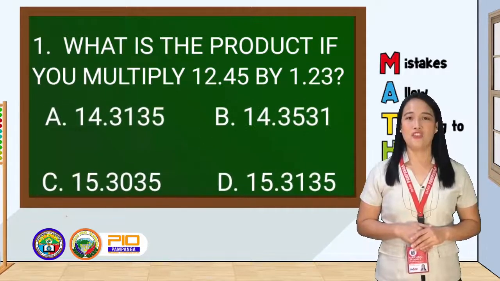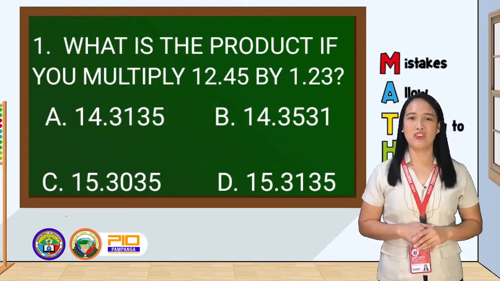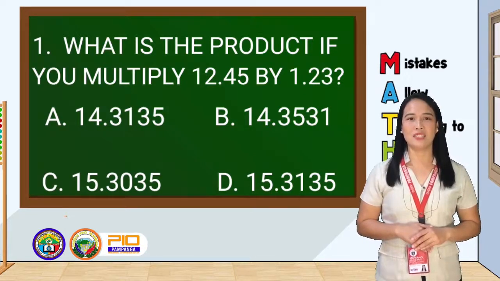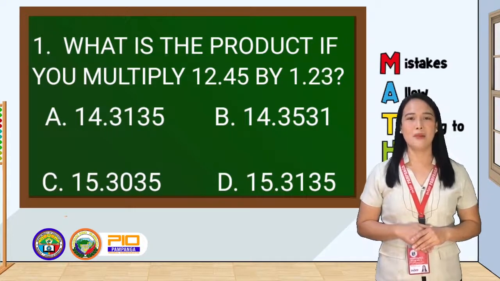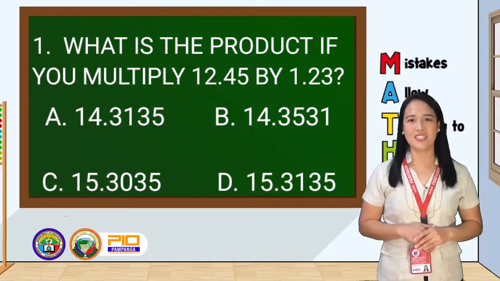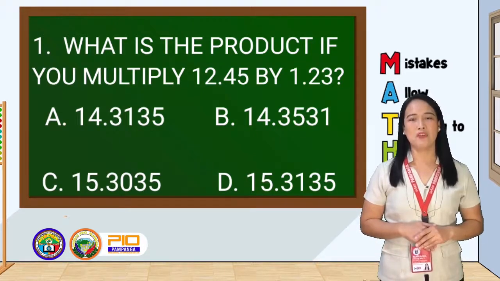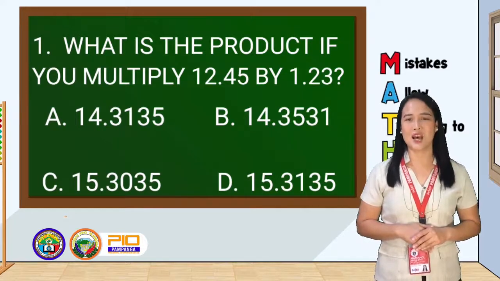Letter A, 14 and 3,135 10,000ths. Letter B, 14 and 4,531 10,000ths. Letter C, 15 and 3,035 10,000ths. And letter D, 15 and 3,135 10,000ths.